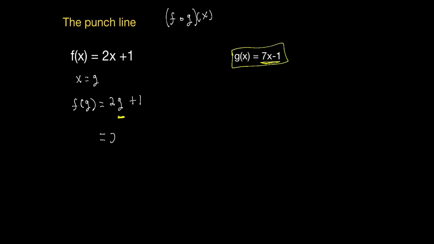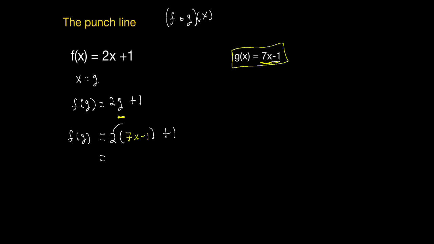So we get 2 times 7x minus 1, plus 1. Let me do it in yellow so you can see the substitution a little more clearly. What I did here is I replaced g with 7x minus 1, because in this scenario, g is actually equal to this expression. So f of g is going to equal, now we have to simplify this right-hand side.